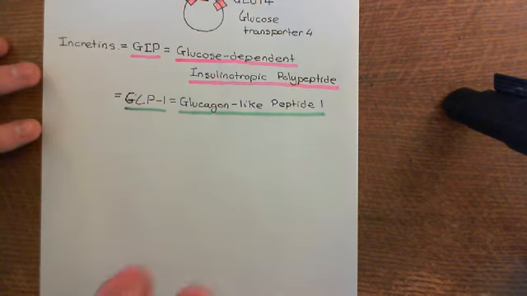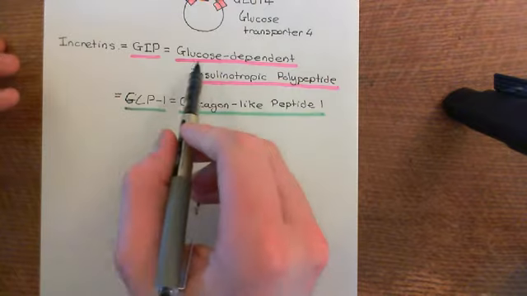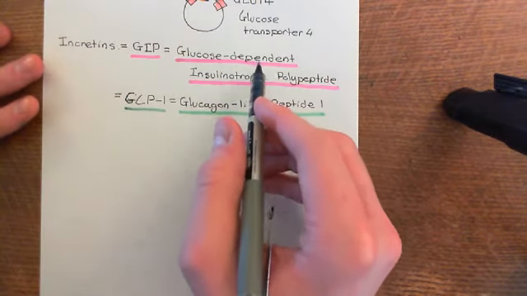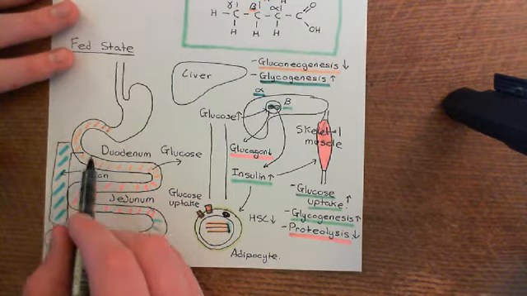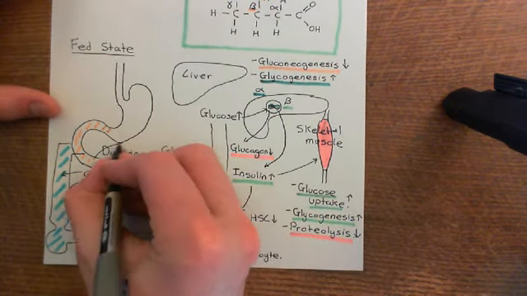So firstly, let me tell you where they're going to be secreted. GIP, glucose-dependent insulinotropic polypeptide, is going to be secreted by the early portions of the intestine, so the duodenum and the jejunum. In orange and red, these two portions are going to be secreting GIP, so I'll put this on here.